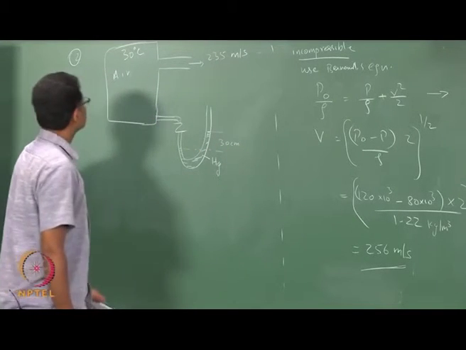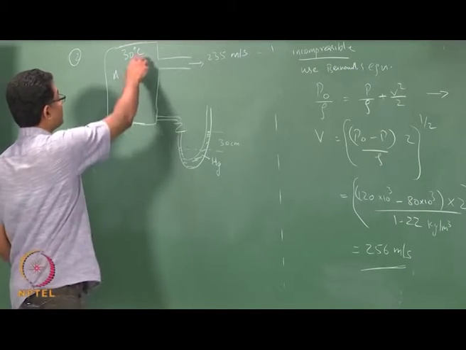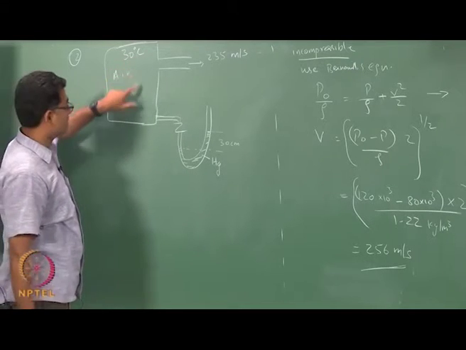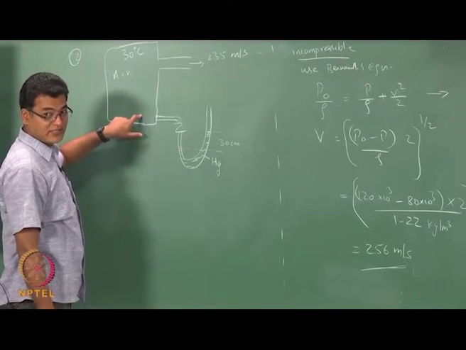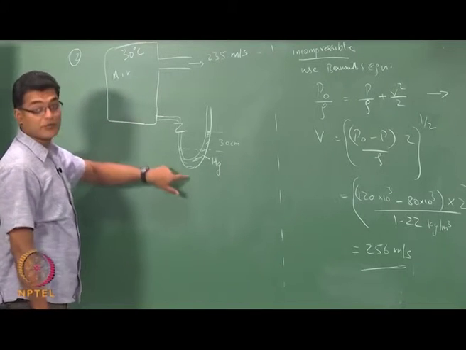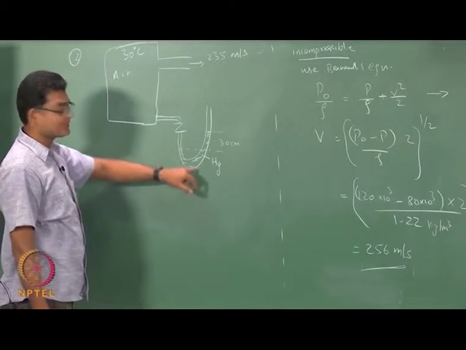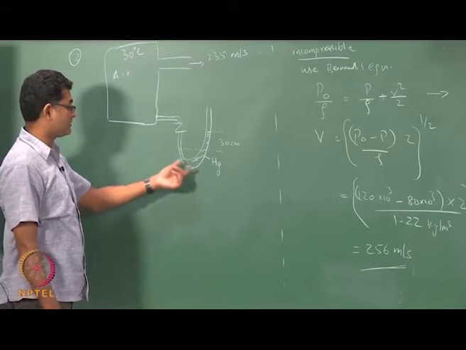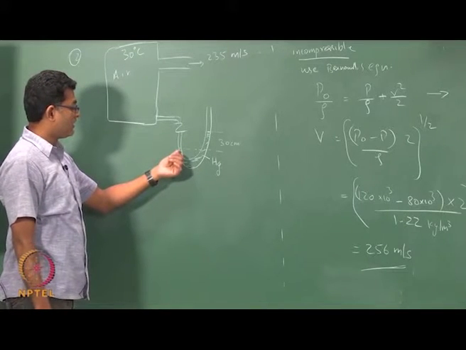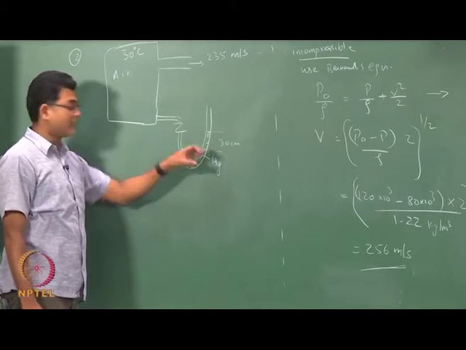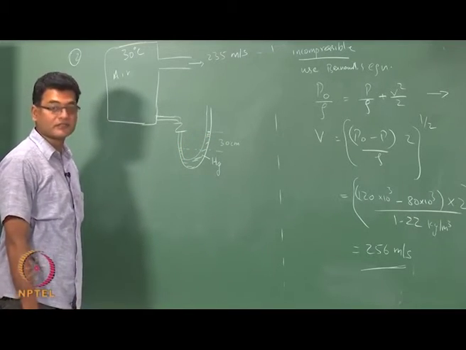Okay. So, I have measured my temperature here, 30 degrees. Now, I am going to measure the pressure inside the tank using a U-tube manometer, which uses mercury as your fluid, and the head difference is 30 centimeters.